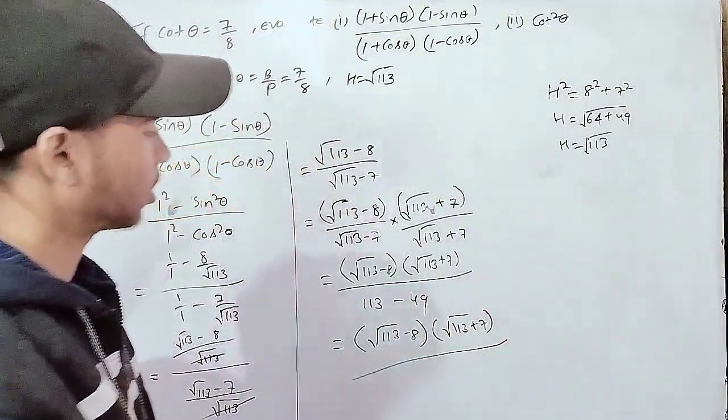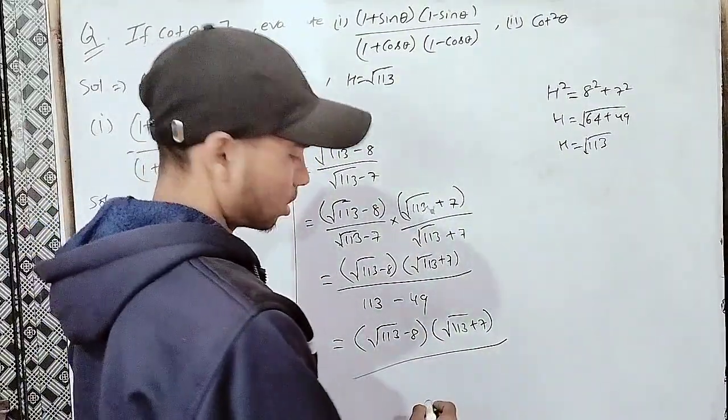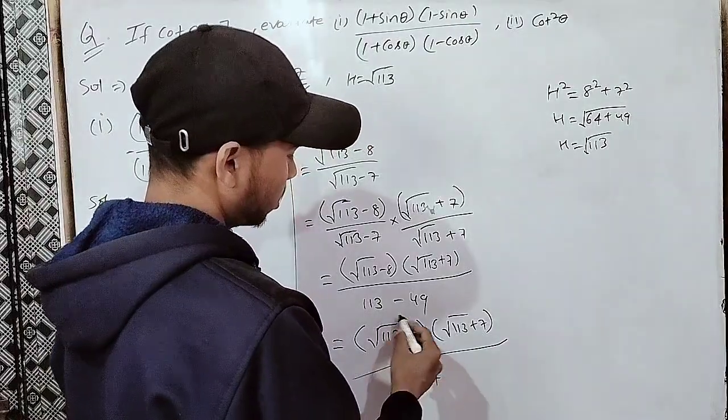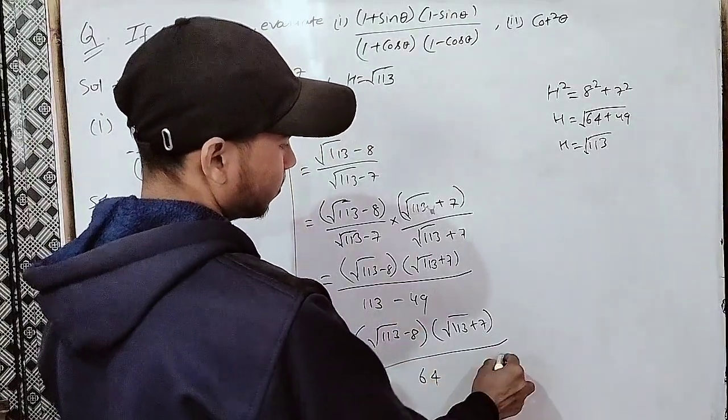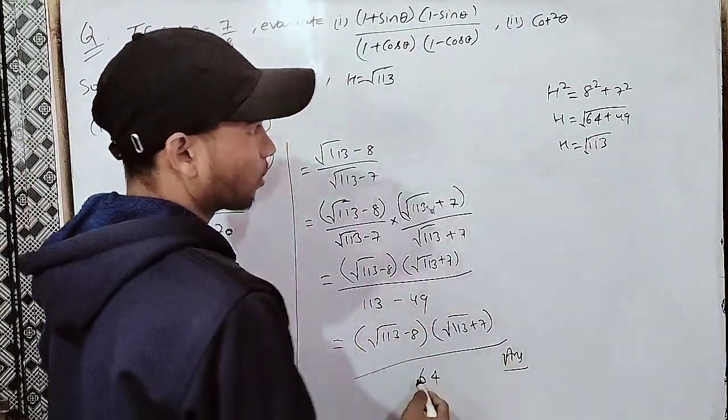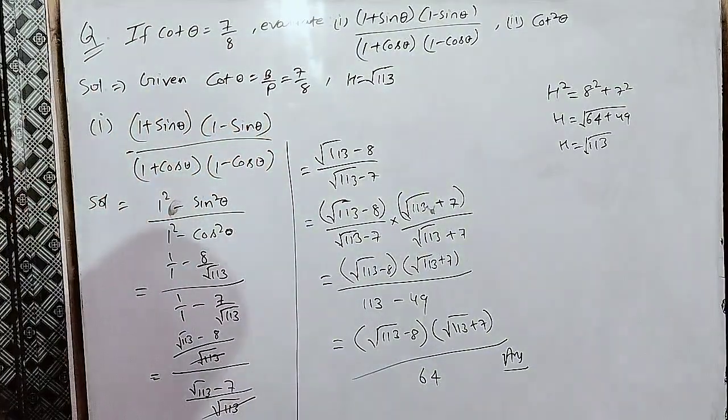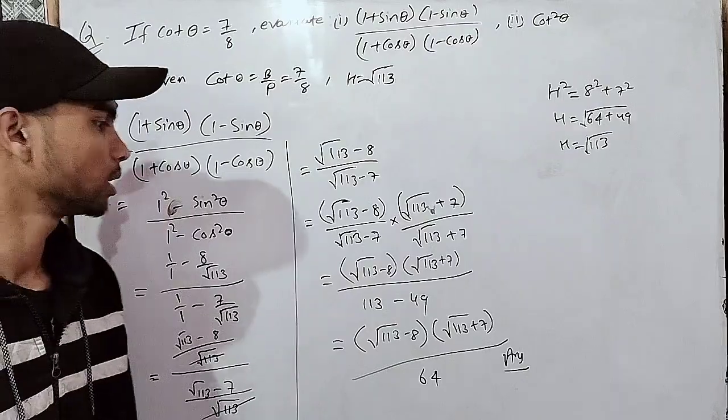Subtraction of this would be what? 4, then 6. Ahead of it, you can solve it for the exact value. Till here, your answer is also correct. Clear?